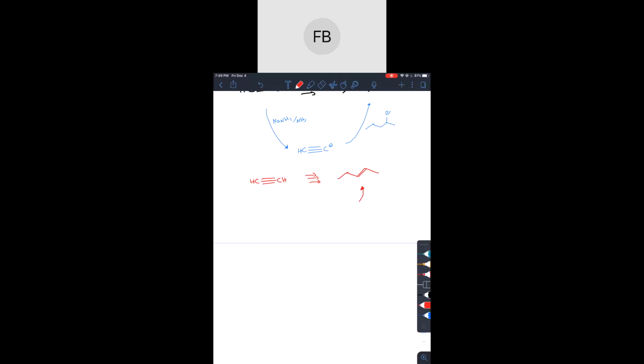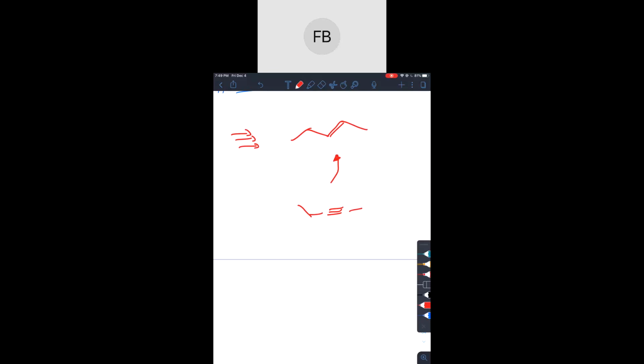You guys see this? So it could have been this, right? Let me just redraw that. Could have been this before, and then it somehow reduced to a double bond, right?